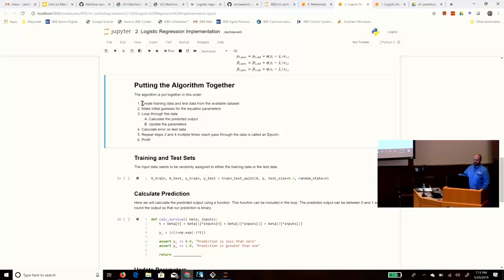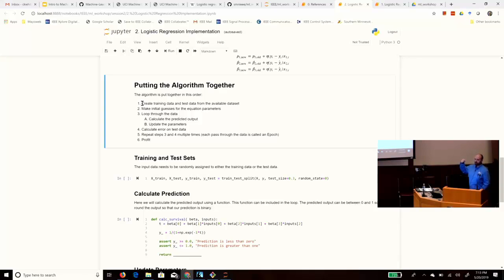Then we're going to go through 2 loops. We're going to loop through the data item by item, and with each step through the data row, we're going to adjust our parameters. So we're going to start out with a lot of error on our first entry in the data table. By the last one, we should have less error. One trip through the data, we call that an epoch, okay?